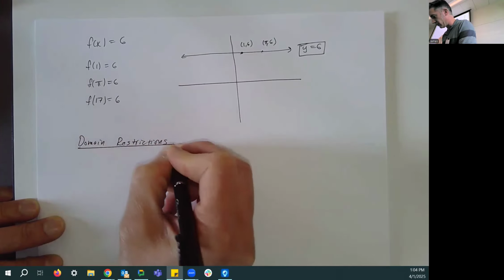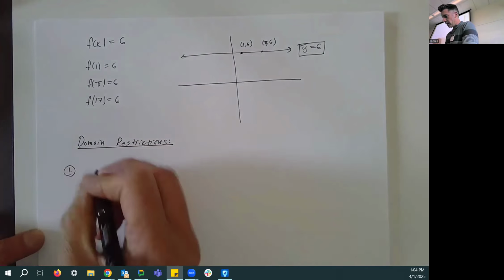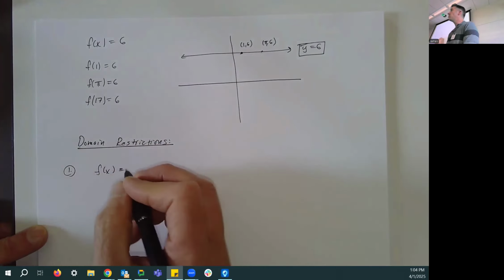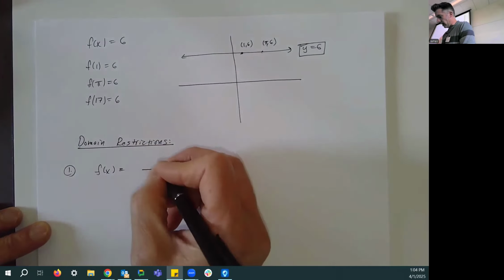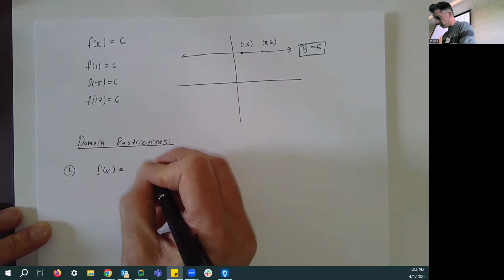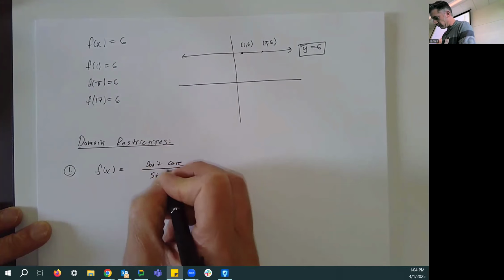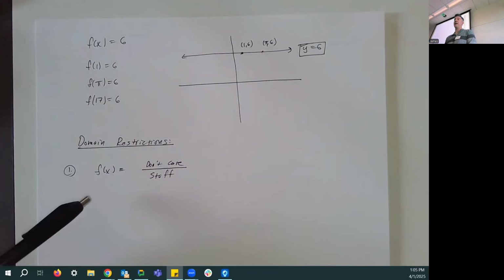One type of function is f of x equal to some sort of quotient, some stuff on top over some stuff on the bottom. I don't care what's on top. I care what's the stuff on the bottom.